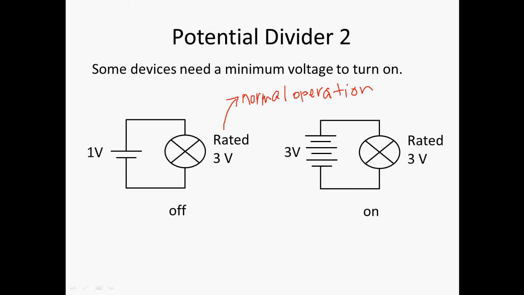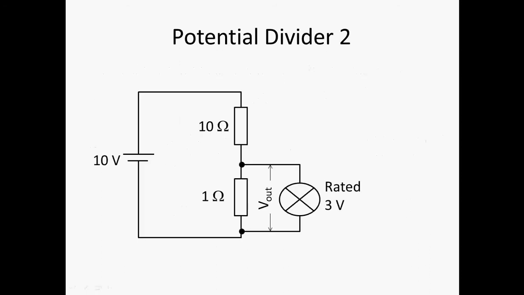We need to learn this because the potential divider has the potential to change the voltage from 1 to 3 volts, and we're going to explore this later. When it can change from 1 to 3 volts, you can effectively turn on or off a device that it is connected to.